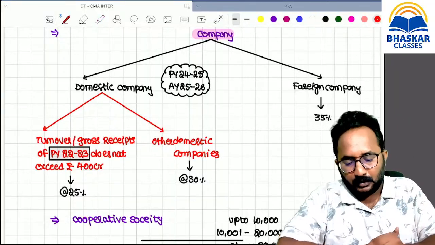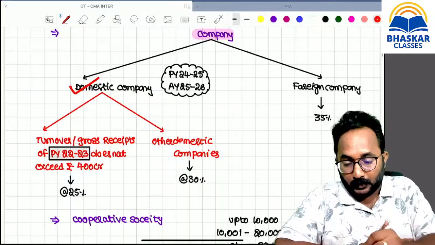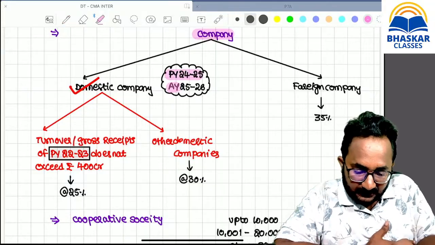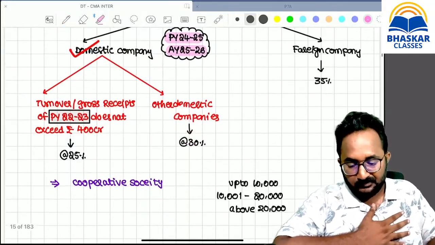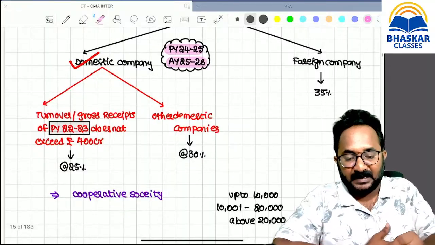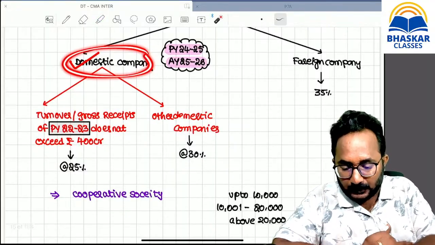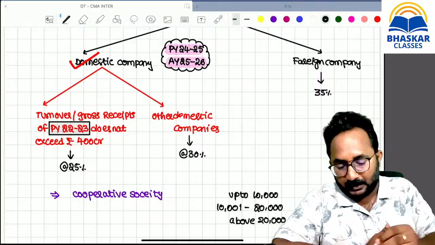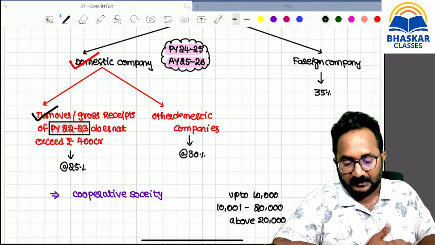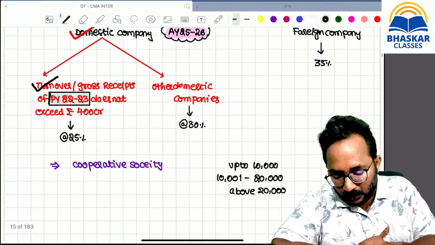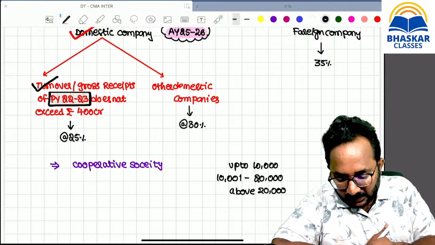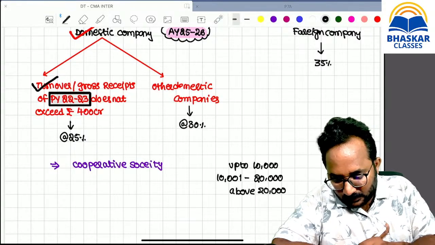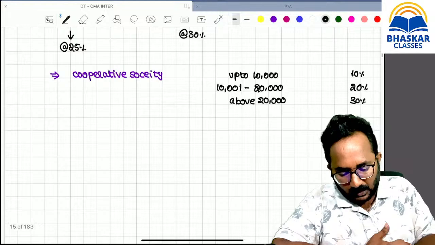Now, domestic company. For this previous year and assessment year, I want you to know the rates. If you want to know the tax rates for a domestic company, please check the turnover or gross receipts of the previous year 2022-23. In which year are we now?